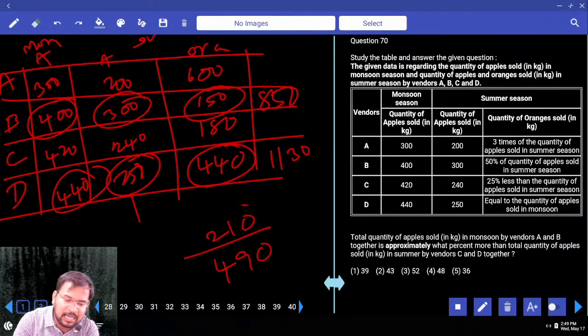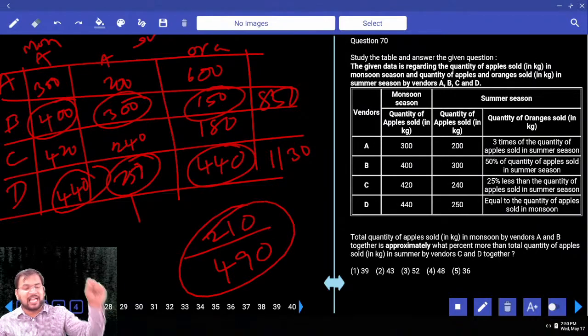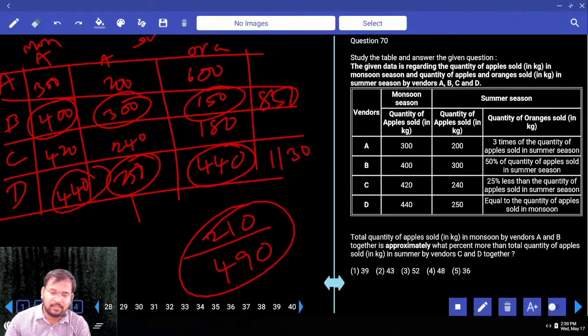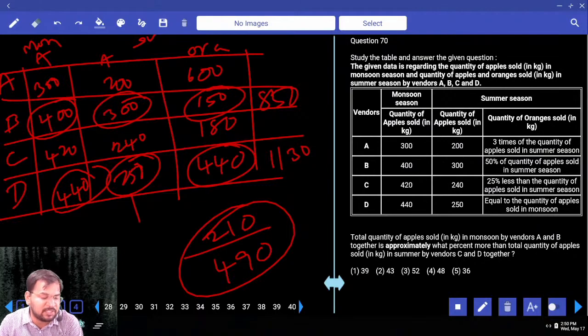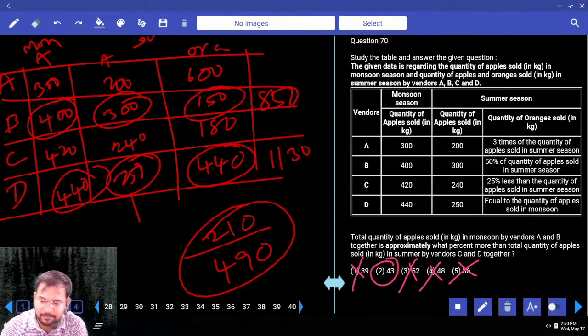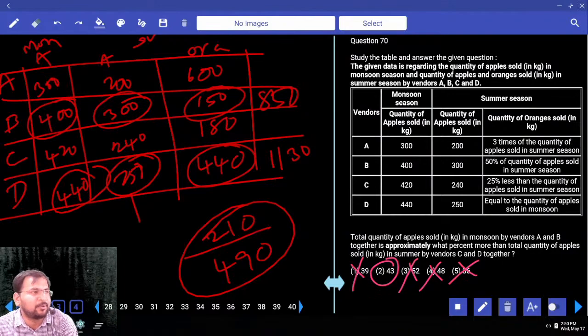All of you clear? 700 is how much more than 490? 210. Nobody is speaking. 210 is what percentage of 490? 40% of 490 is how much? 196. 40% is 196. Our answer is more than 40, very close to 40. Don't do calculations unnecessarily. Clear?